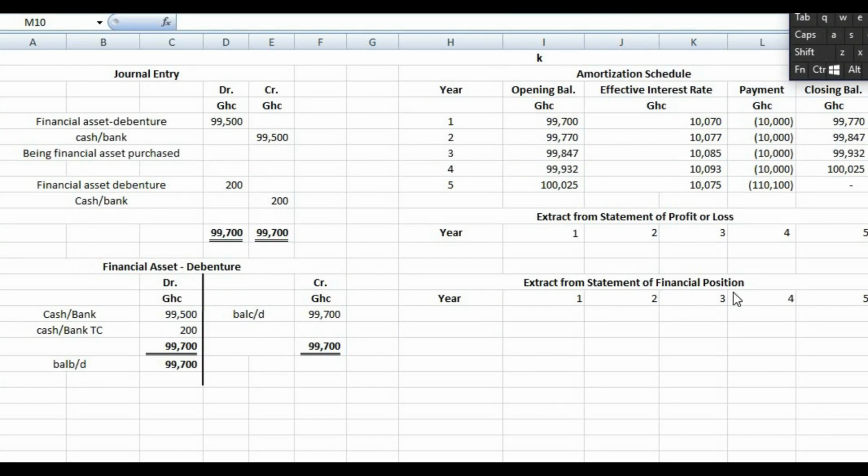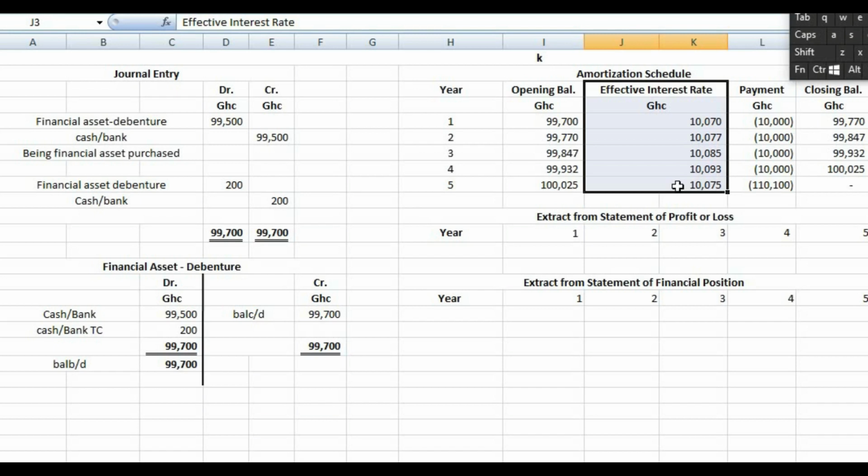So here we are going to present them, right? So extract from statement. We are going to extract a portion of the statement of profit or loss, or statement of income. So the statement of income is going to have the effective interest. Okay. So since it's a financial asset, Agate Limited will be receiving this interest, right?